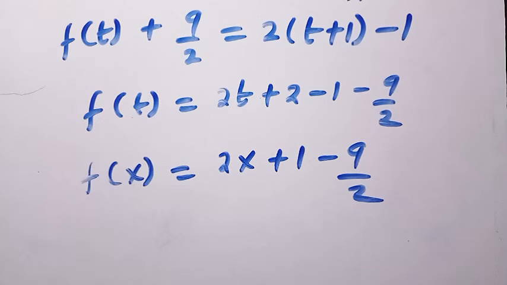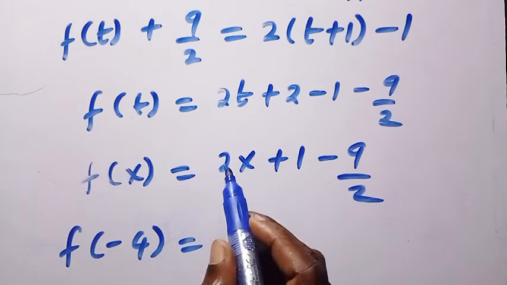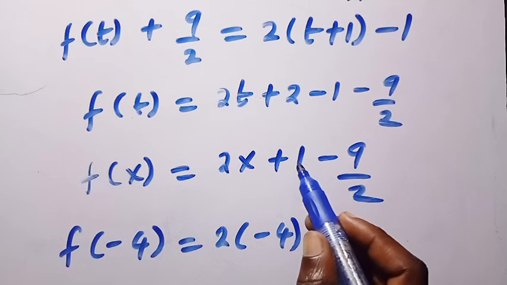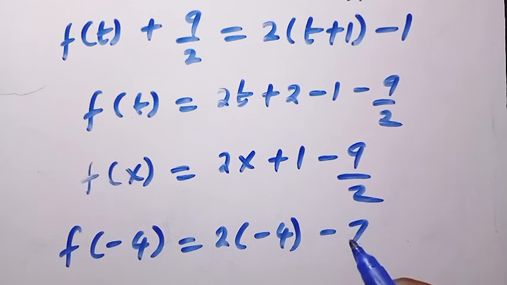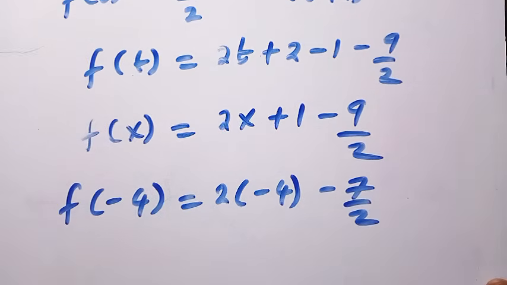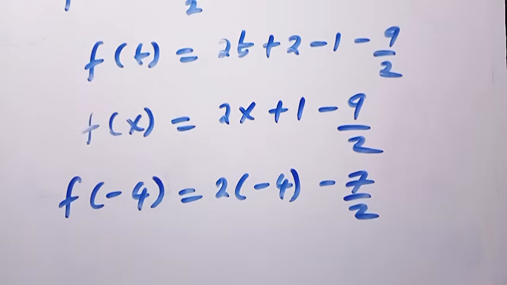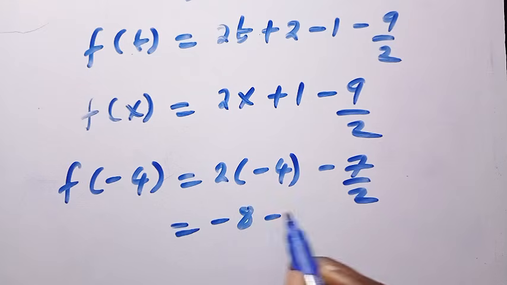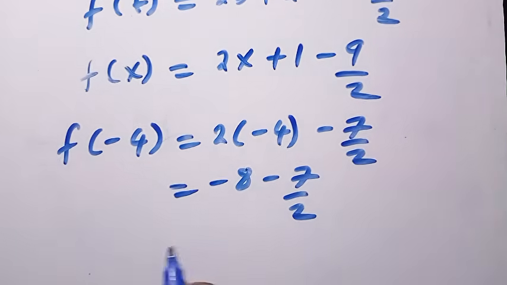Since this is what we have, by replacing every x with minus 4, we have f of minus 4 equals 2 times minus 4, that is minus 8, plus 1, minus 9 over 2, which is minus 7 over 2 minus 8 over 1. So the answer becomes minus 23 divided by 2.